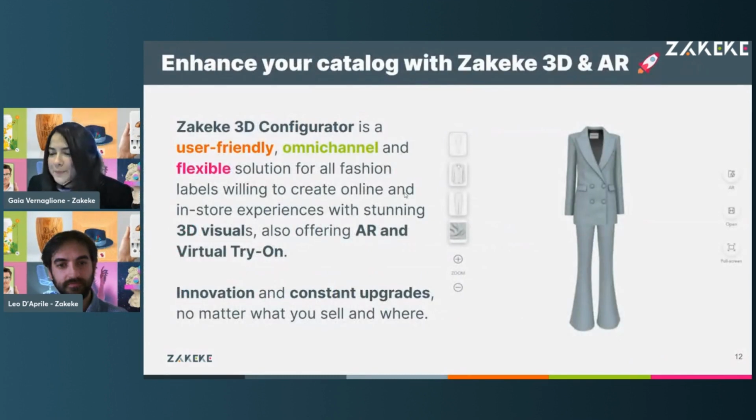So, as we said, this is something that we did not mention in terms of numbers, but I think it's very important to say. Zakeke, we have thousands of subscribers live currently. And the way we developed our technology is not only by being disruptive, but also by being incrementally developed.